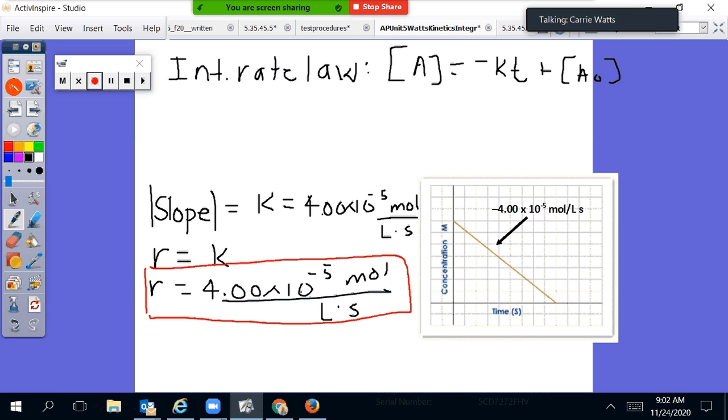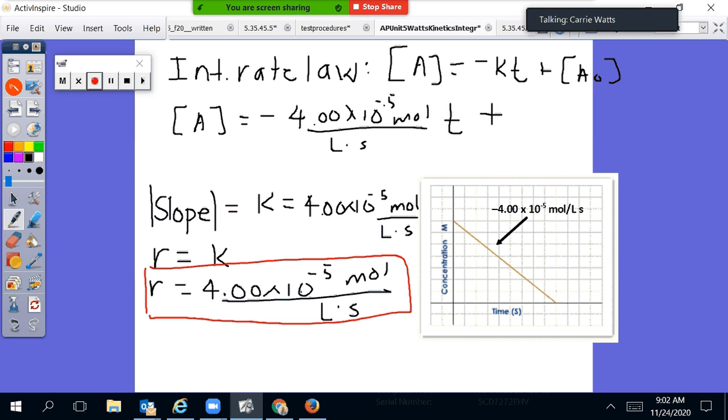Now they give us some information. They gave us A naught, and now we have K. So our integrated rate law is going to be A equals negative 4.00 times 10 to the negative fifth mole per liter per second times T plus our A naught.